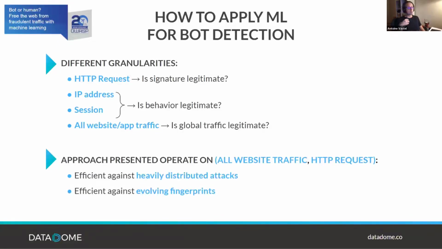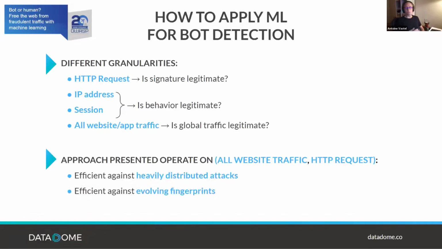But first, how can we apply machine learning for bot detection? Machine learning for bot detection can be applied at different granularities. We can apply it on each HTTP request to classify, for example, whether or not the signature is legitimate or not. We can apply it on IP address or on session to observe whether or not the behavior of this session or of this IP is legitimate or if it can be linked to bot activity.